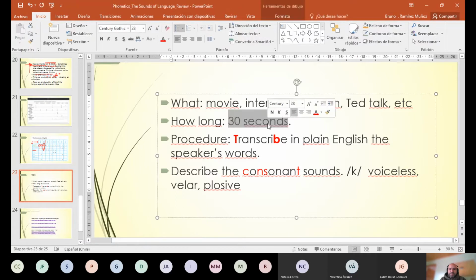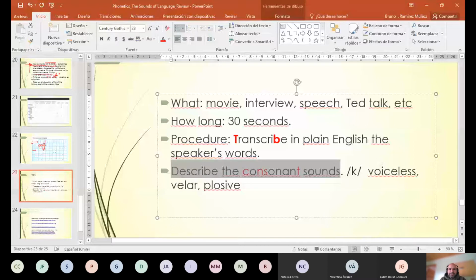And after you show us the 30 seconds, you're going to show us the script, right? The dialogue or the words used by the speaker. And then you're going to describe the sounds, saying, for example, in the sentence "describe the sounds," in the word describe, we have d, which is voiced, alveolar, and plosive.